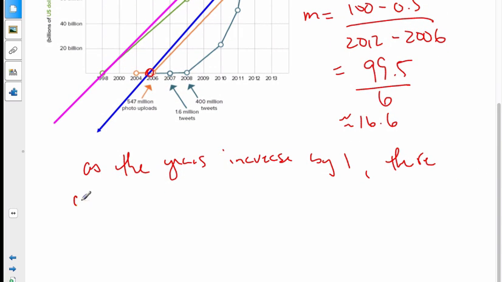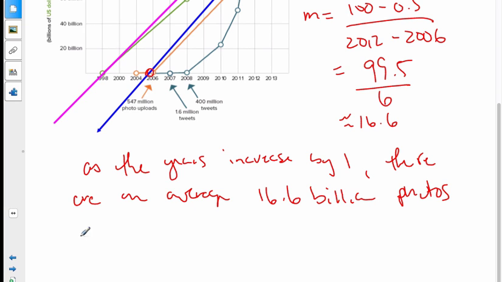There are, on average, 16.6 billion photos uploaded. So as years increase by 1, there are an average of 16.6 billion uploaded. So it's increasing by a lot each year. Yeah, there are a lot of photos going onto Facebook. To segue into the next question, I would say a bigger increase than the PayPal. Oh, indeed, because the PayPal was 9, exactly.